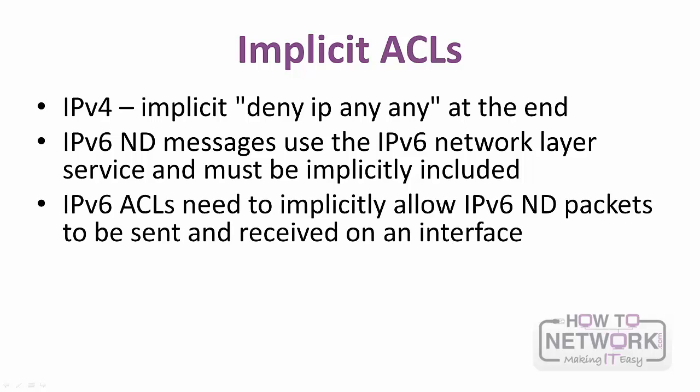Therefore, by default, IPv6 ACLs need to implicitly allow IPv6 neighbor discovery packets to be sent and received on an interface. This means that both ND neighbor advertisement and ND neighbor solicitation messages must be permitted on the link.